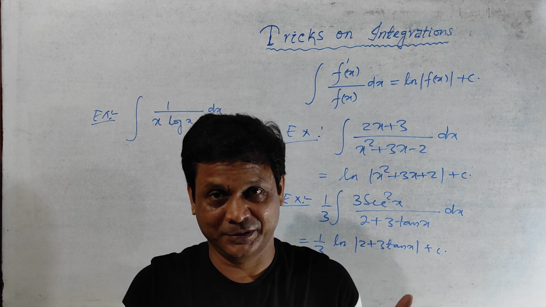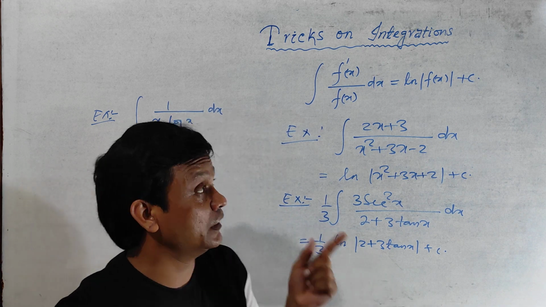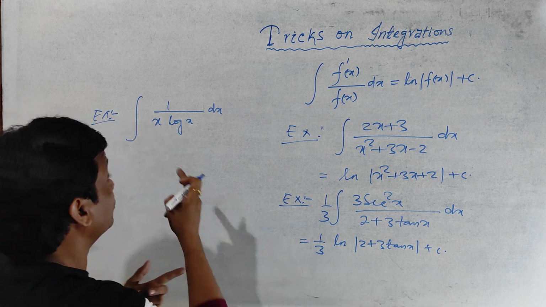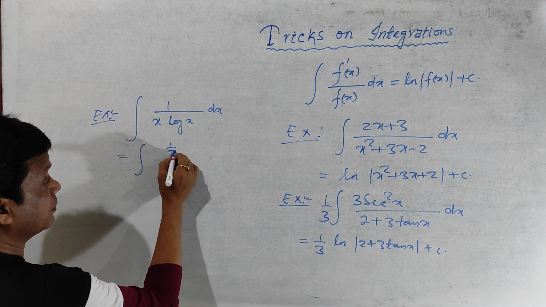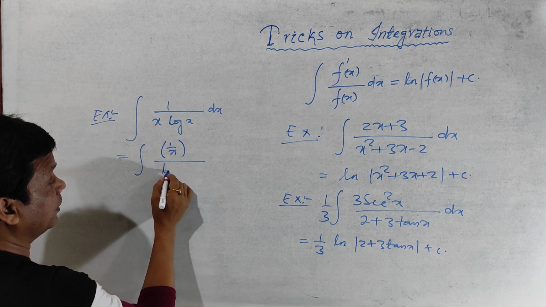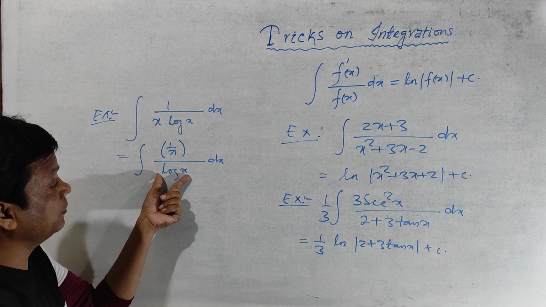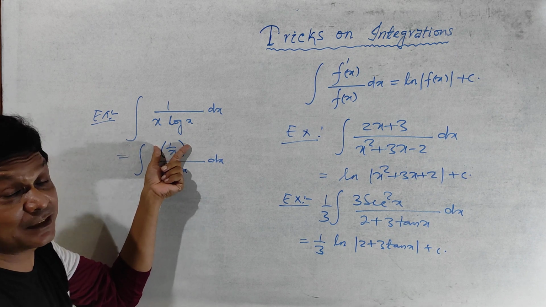Another thing: first, try the derivative of the larger part. Here the larger part is log x. And what is the derivative of log x? It is 1 by x. So 1 by x is there. So I can write 1 by x divided by log x into dx. Here, the derivative of the denominator is in the numerator because the derivative of log x is 1 by x.